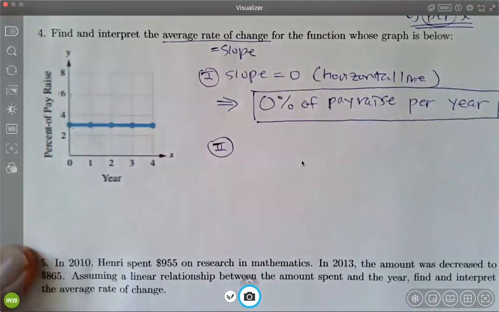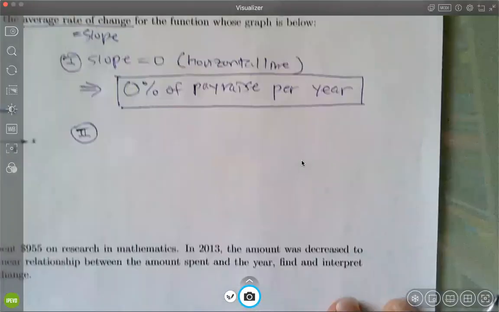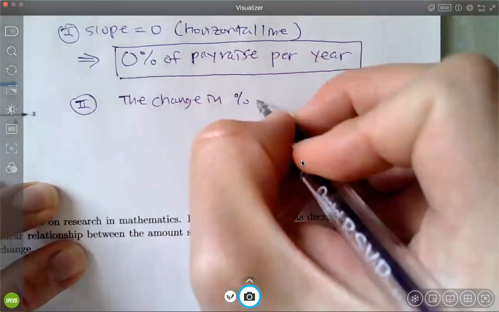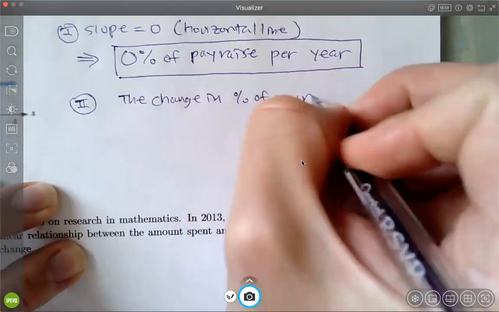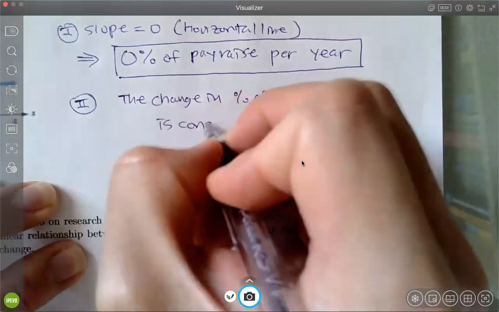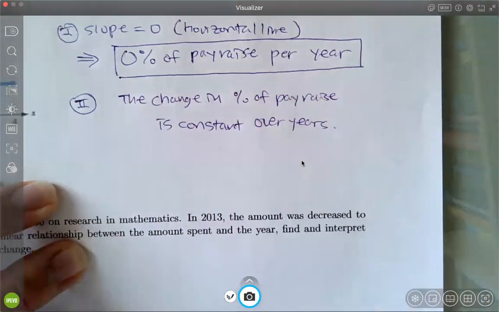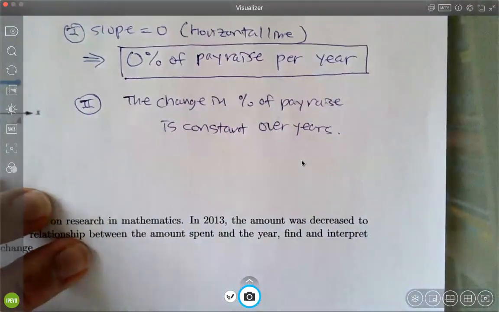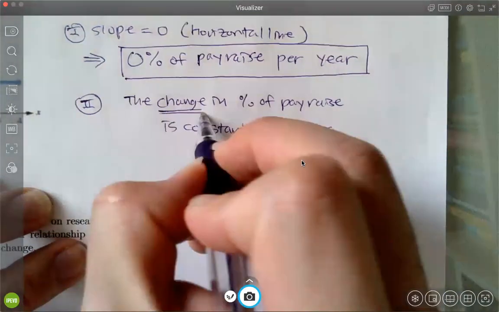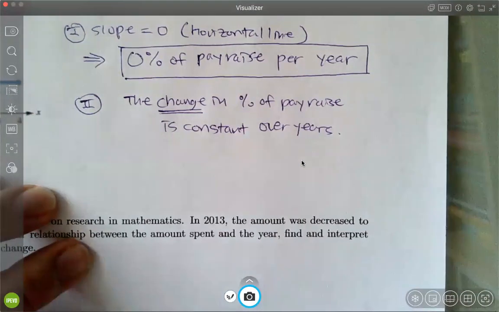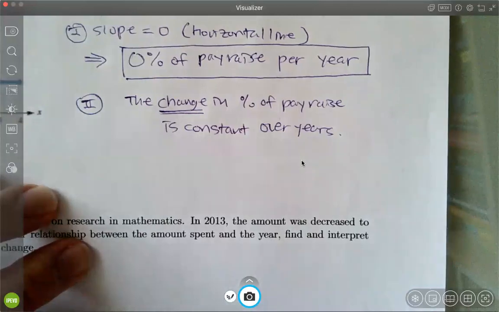So it means the change in the percent of pay raise is constant over the years. The percent of pay raise is constant, but its change is 0. Change is 0 does not mean there's no pay raise, right? There is a pay raise, but there's no change. So that's what it means.